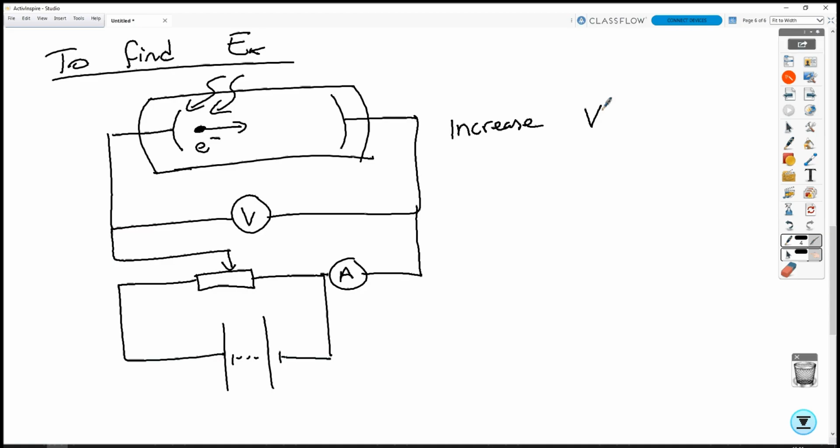So we increase V, slide that to the left until we get 0 current.